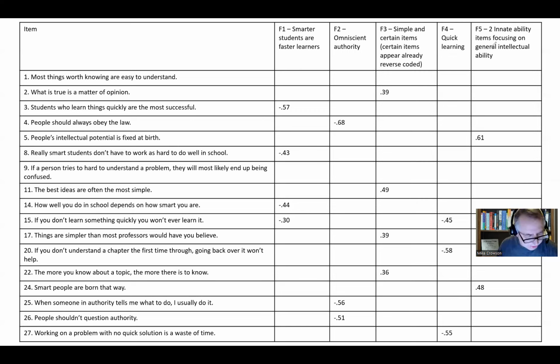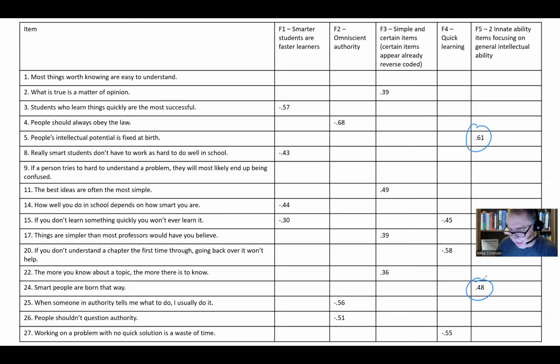Now, the thing to note here is that we only have 2 items that met the inclusion criterion on this particular factor. One of the things to keep in mind is that, whatever factors you extract, you need to have at least 3 indicators that contain non-trivial loadings in order to define that factor.